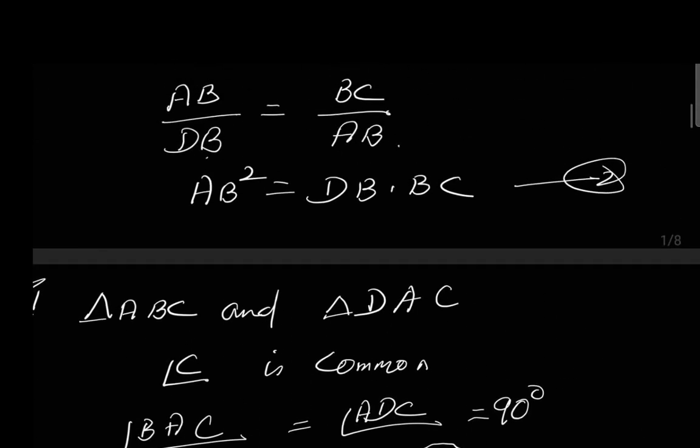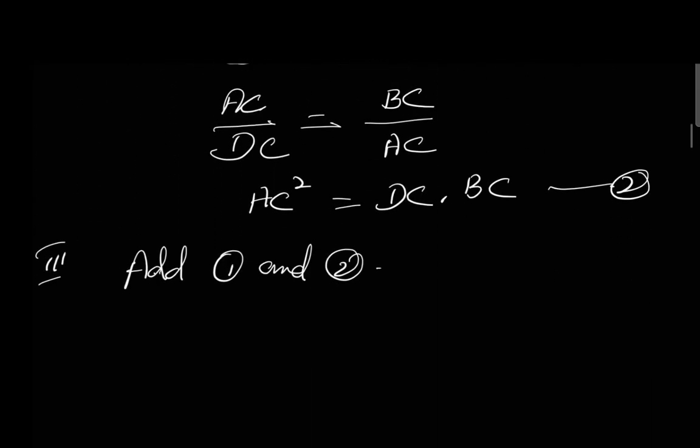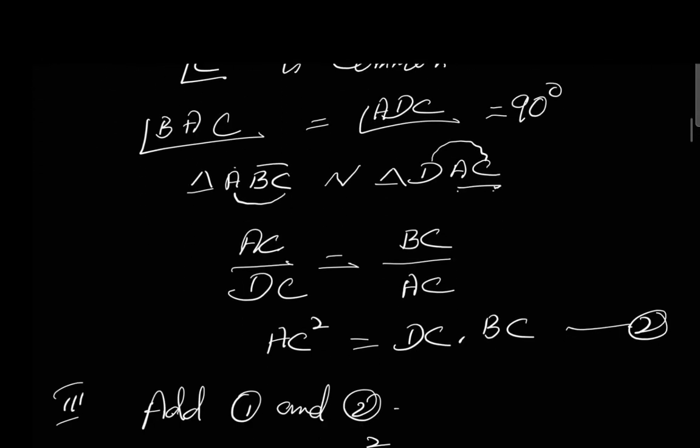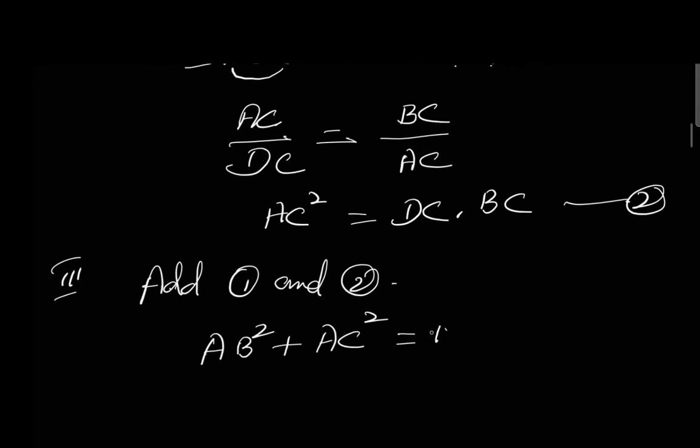On the left side, AB squared plus AC squared is equal to, on the right side, DB dot BC plus DC dot BC.